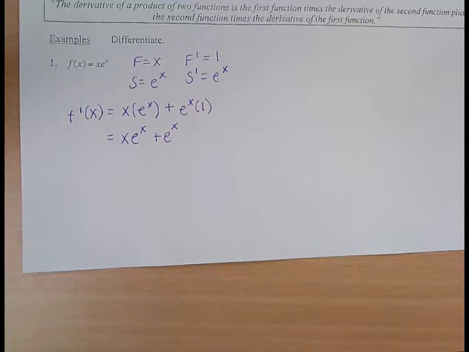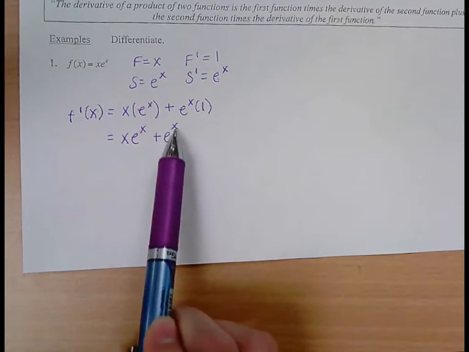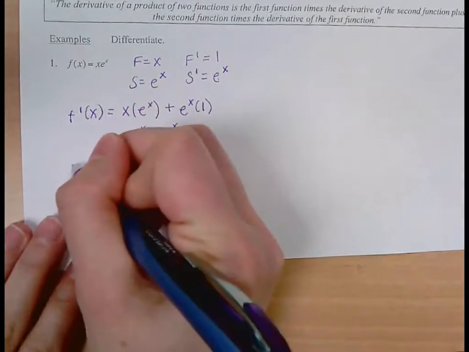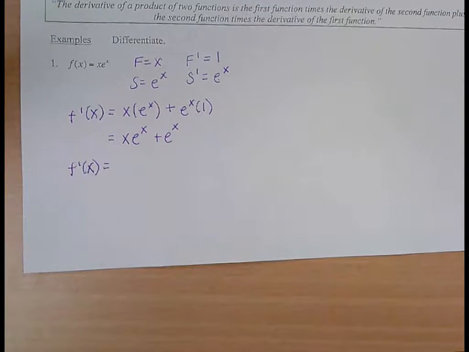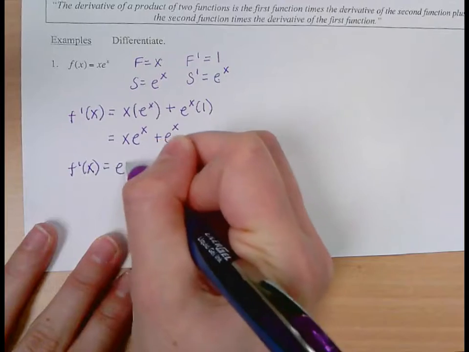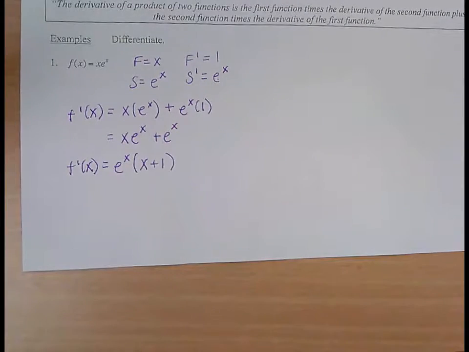Now, if, say this was a problem on an assignment, you're looking in the back of the book, or it's a multiple choice question on the AP test, you may see this, you may not. One other way you may see it is because you have two terms and both terms have e to the x, they would probably factor it out. So they would write it as e to the x times the quantity x plus 1.